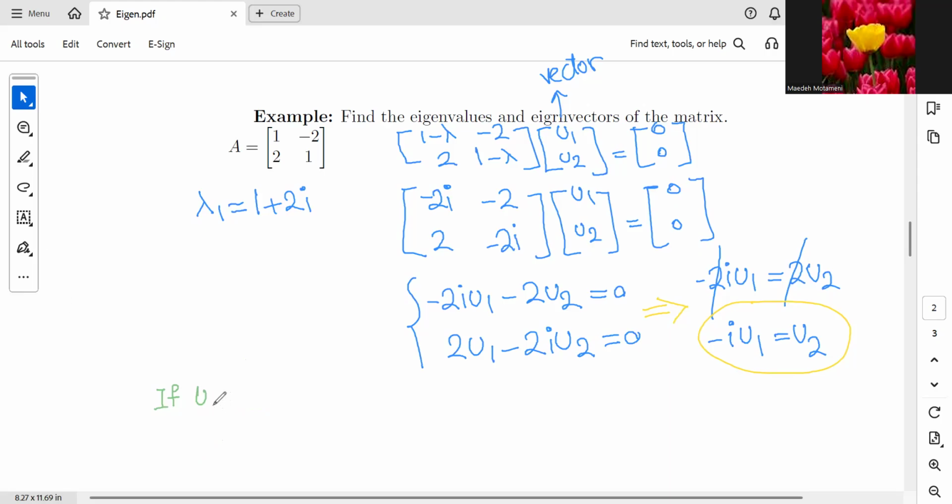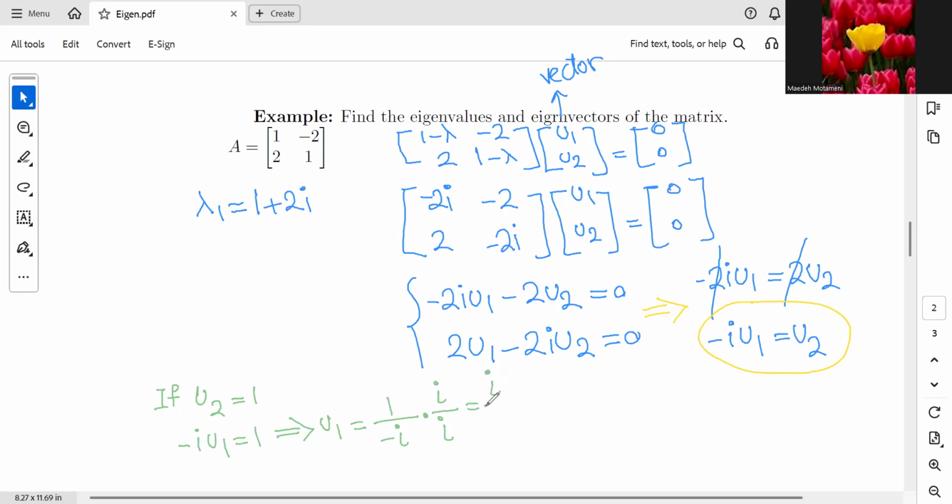Let's say I find v sub 2 as number 1. So in this case, if v sub 2 is 1, negative i times v sub 1 is going to be 1. So from here, v sub 1 is 1 over negative i. We know that in complex numbers, in order to get rid of this denominator, we multiply by the same thing, i over i.